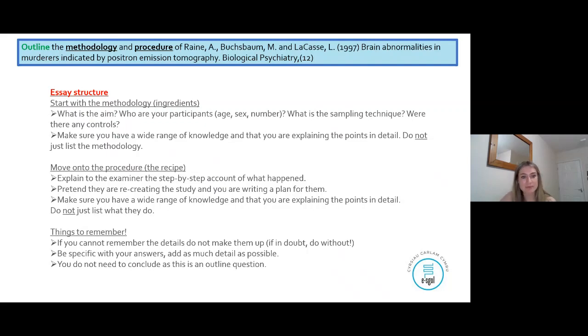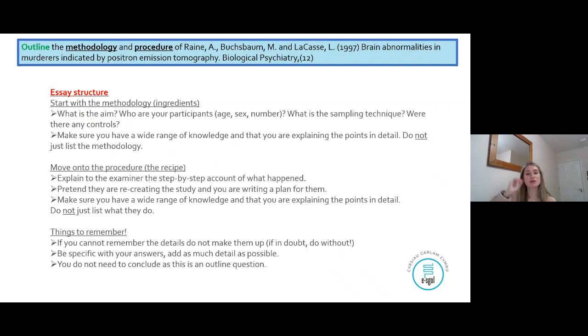Things to remember. If you can't remember the details, do not make them up. If in doubt, do without. If you forget that the number of participants in the second experiment is 150, but you remember those 45 in experiment 1 and you know there were more participants in experiment 2, just write that.